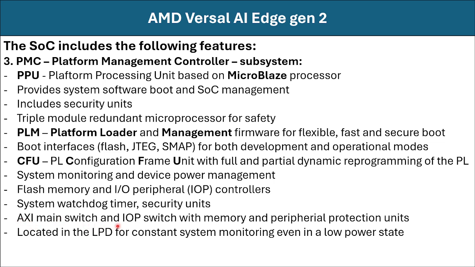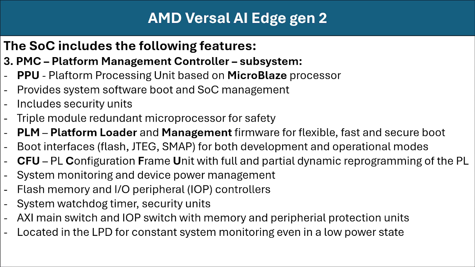AXI main switch and the EOP switch with memory and peripheral protection units. For now it's unknown, but we will see in further pages what this exactly means. Located in the LPD for constant system monitoring even in a low power state. Somewhere it is described what this LPD is.